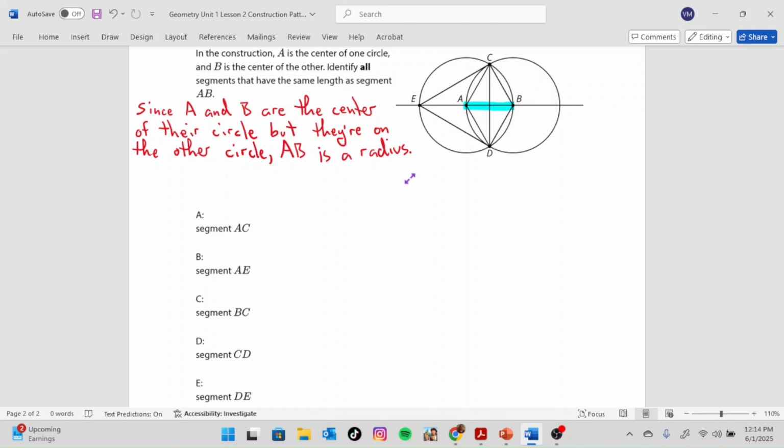This means all radii have the same length.